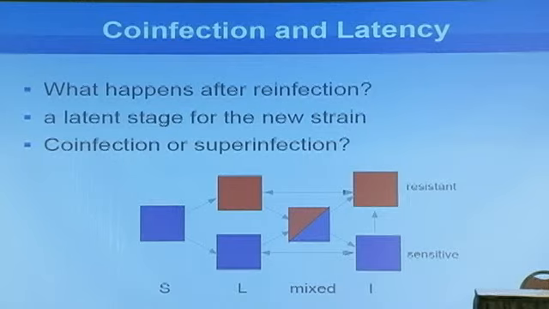This is a model. I mentioned co-infection, and this was one thing that has come up a number of times in pneumococcus, and I guess also in staph, about what is driving the continued coexistence of multiple variants.